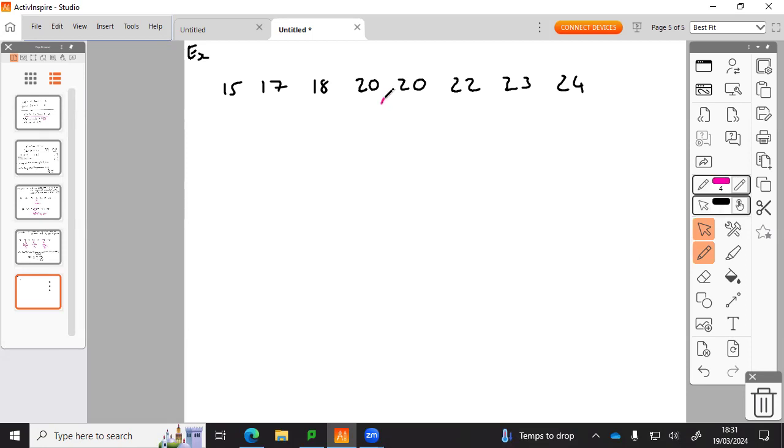So remember they need to be in order. So the median, Q2, would be 20, in between 20 and 20. Q1 would be split into the 17 and 18 there, so 17.5. Q2 would be in here. Also Q3 would be in here, which would equal in between 22 and 23, so 22.5.